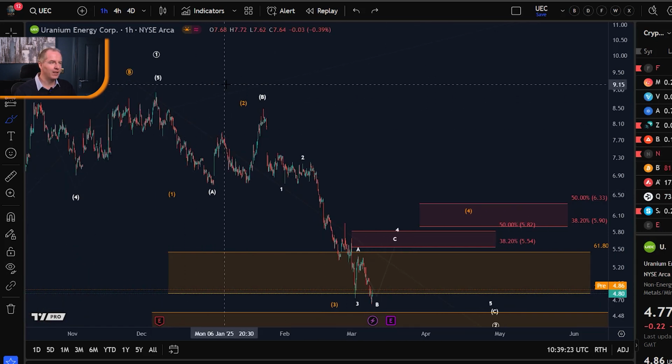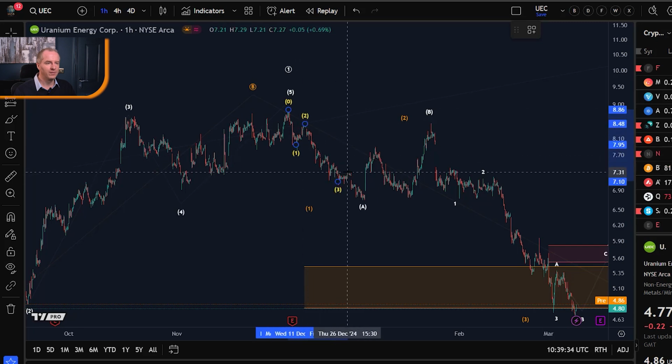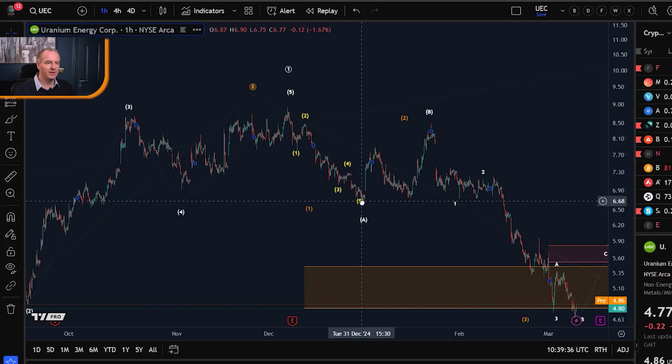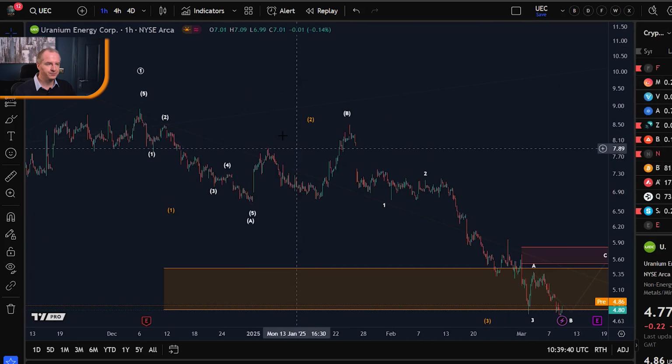Here you can see as well that if we really label that, I can make a case at least for 5 waves, 1, 2, 3, 4, 5, in wave A. Whenever I can label something as 5 waves down, it indicates the beginning of a correction.